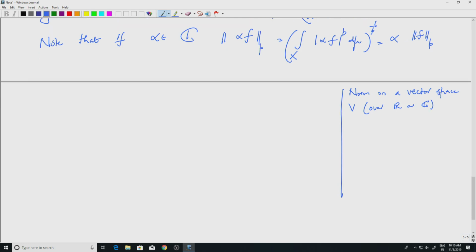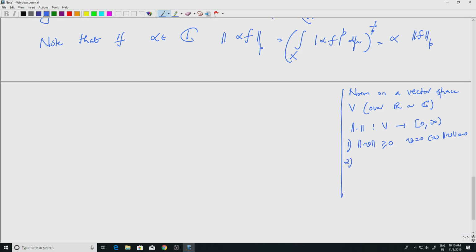So what is the norm? A norm is a function from V to [0, infinity). It's a positive function which satisfies three properties. One, the norm of any vector V is greater than or equal to 0, and V equals 0 if and only if its norm is 0.